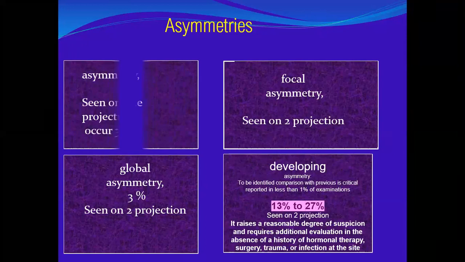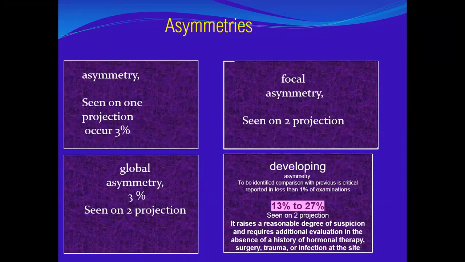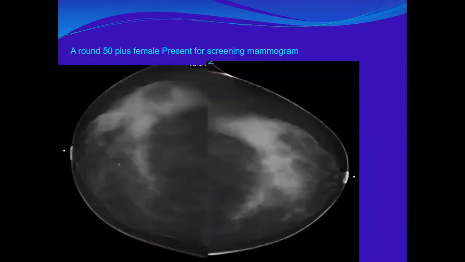We have to go further. The asymmetry seen on one projection also represents 3% of screening mammography. So the commonest are asymmetry and global asymmetry, representing only 3%, while focal asymmetry is less than 1%, and more extremely rare is a developing asymmetry. However, the developing one is the more suspicious type of asymmetry.